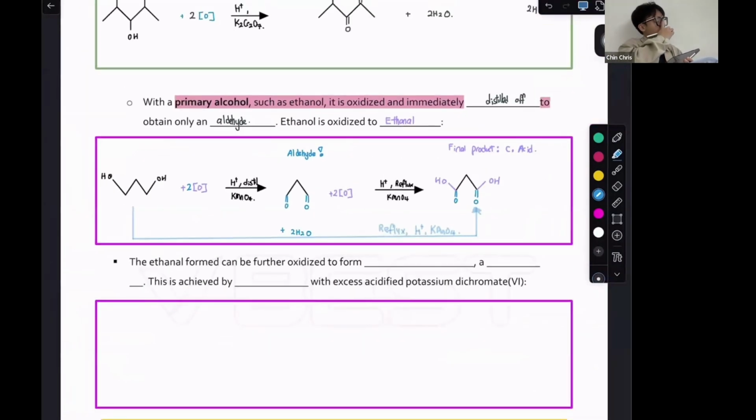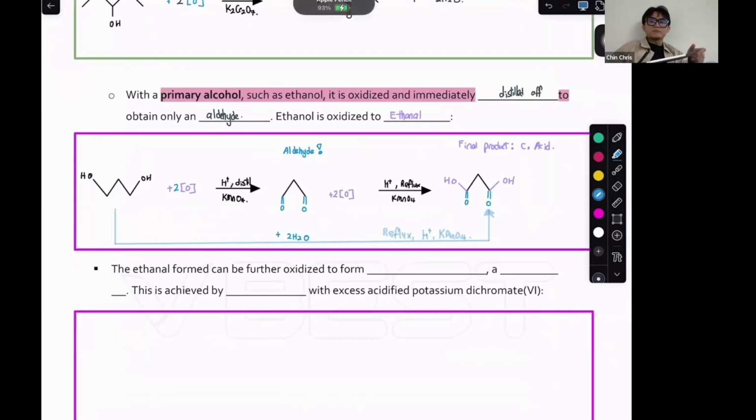That's it. So a primary alcohol can be converted into a carboxylic acid straight by adding concentrated H2SO4, acidified KMnO4 and reflux. Understand?